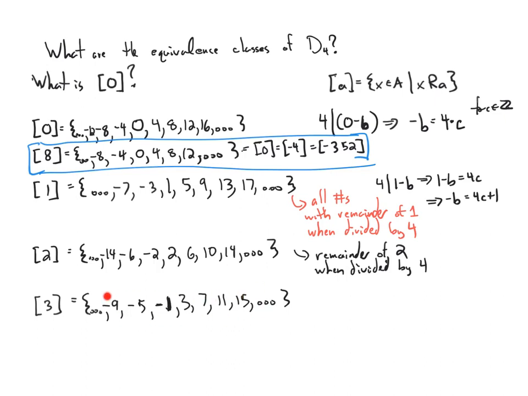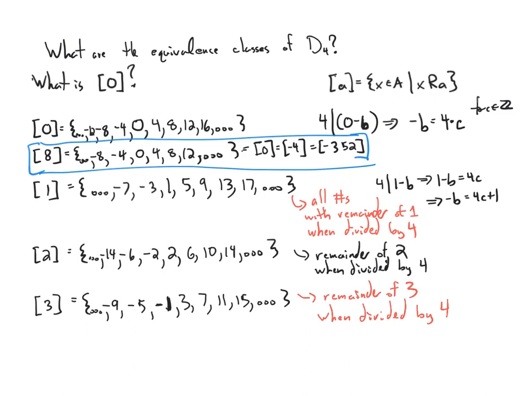So you can see these are all having remainder 3 when you divide them by 4. So this has a remainder of 3 when divided by 4. So there are equivalence classes there, and that's how they work.